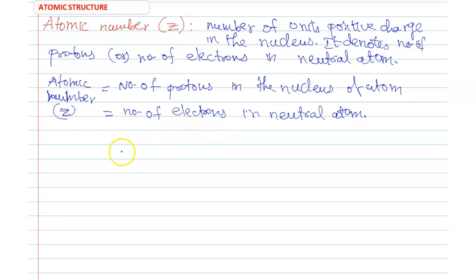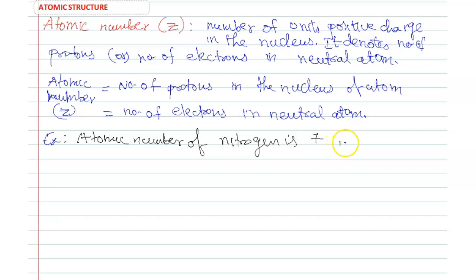Suppose you take the atomic number of nitrogen, for example. The atomic number of nitrogen is 7.